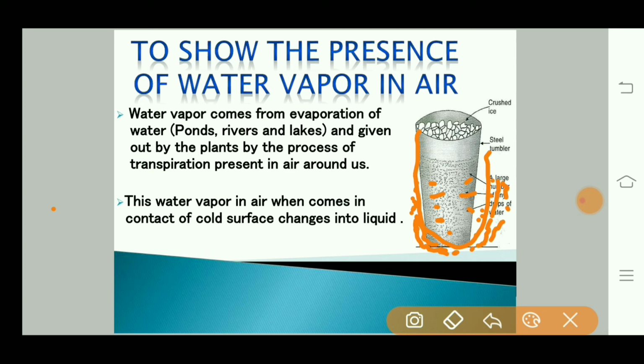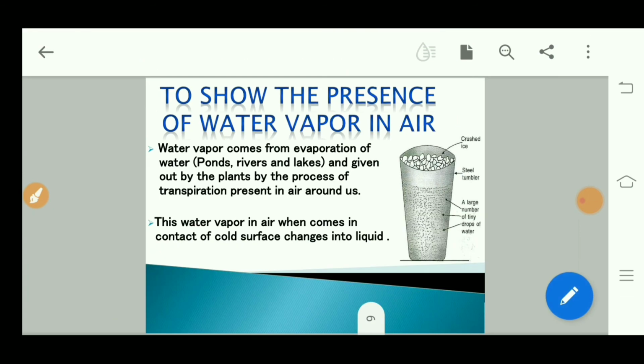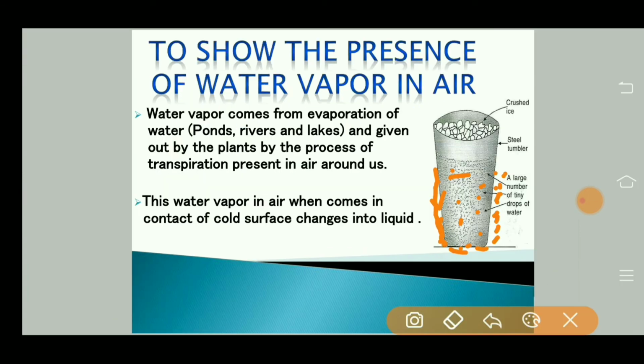This is because the air present around this area, when it comes in contact with the cold surface of the glass, changes into liquid. So the water droplets appear on the outer surface of the glass. It means water vapor is present in the air.